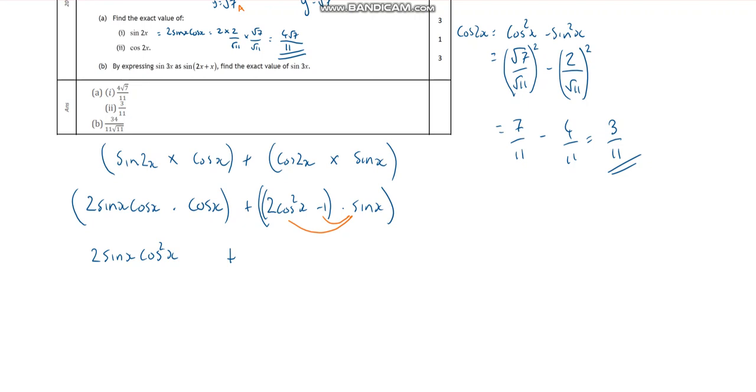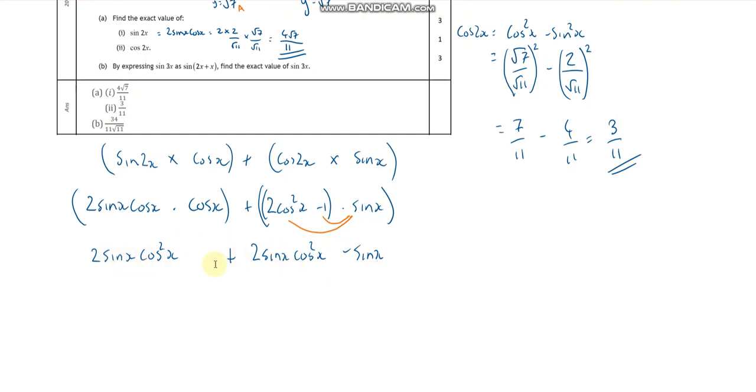So I'm going to end up with, I'm going to write it the same way as the other one actually, 2 sine x cos squared x, take away sine x. Okay, so all I've done is put the sine x in here. I could have written 2 cos squared x sine x. I'm just trying to make it a little bit nicer. So let's have a look.